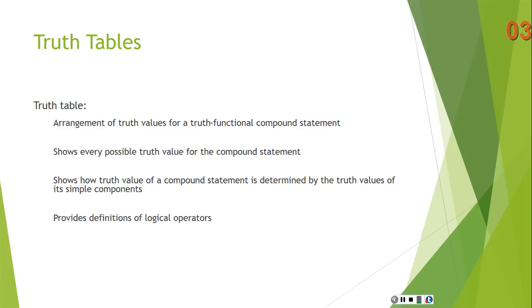The truth value is determined solely by those things. And finally, a truth table provides definitions of our logical operators. Our operators are the wedge, the dot, the tilde, and I'll be giving definitions for those via truth tables.